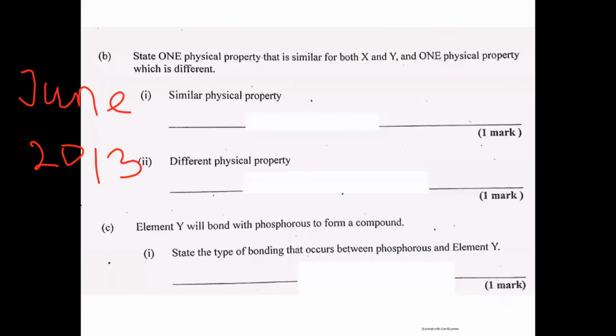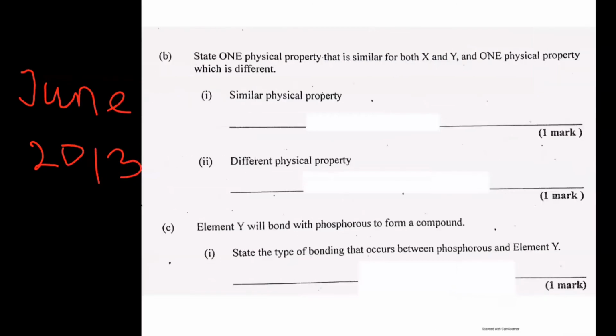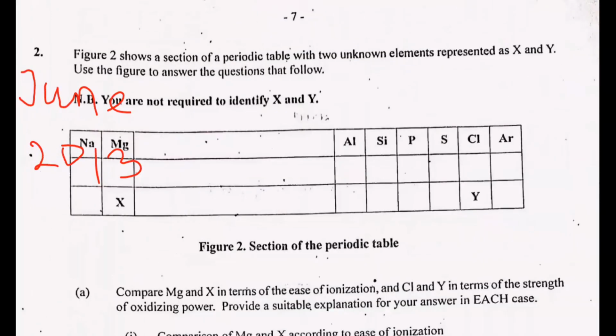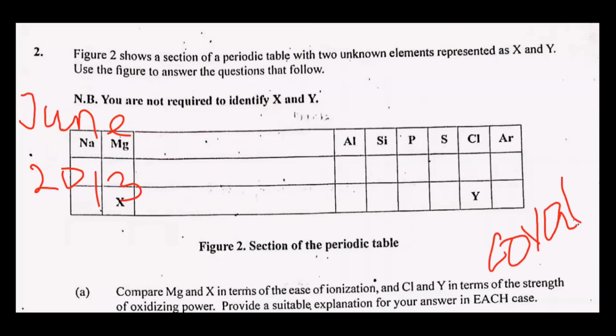And I see the other part. Element Y will bond with phosphorus to form a compound. State the type of bonding that occurs between phosphorus and element Y. Right, phosphorus. Right. So anytime a non-metal, which is like phosphorus, sulfur, chlorine, etc., and anything that falls in those groups, anytime a non-metal reacts with a non-metal is going to give you something called a covalent bond.